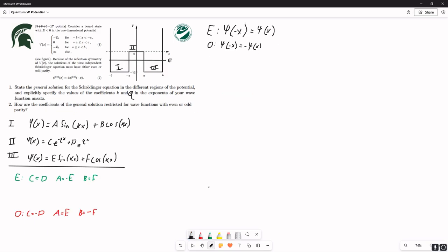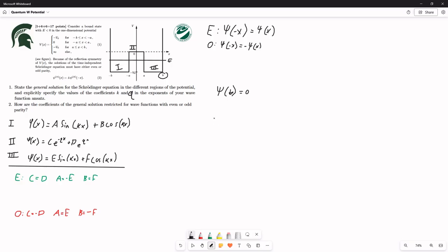So the last thing we can do to restrict these coefficients is look at the value at x equals b, because we know that psi of b will have to equal 0, since there's no possibility that the wave function leaves this double well potential, since it's infinite on both sides. I have a little bit of insight, so I know that the solution is going to be the same for even and odd.